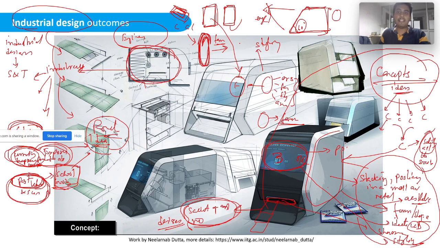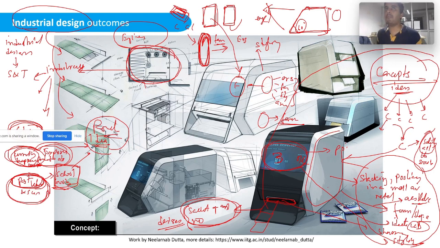Usually, a concept should be there, but it is not 100% industrial design. I did not get it. Without concept, we cannot go for a product to get the function. No, you can. For example, I just told you there is an analytical method and a synthetic method.